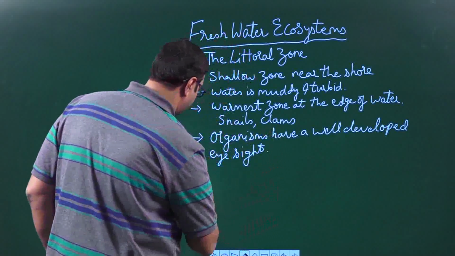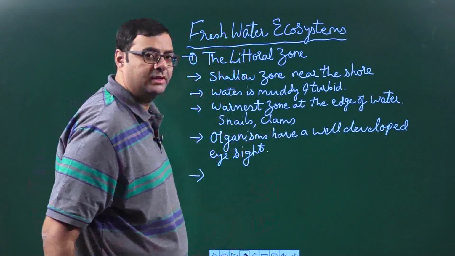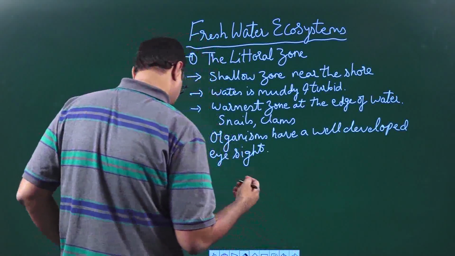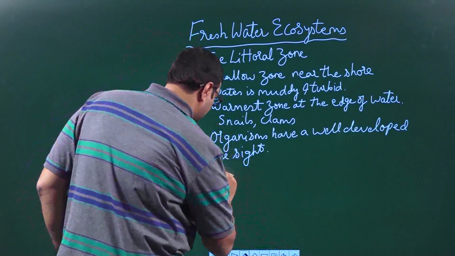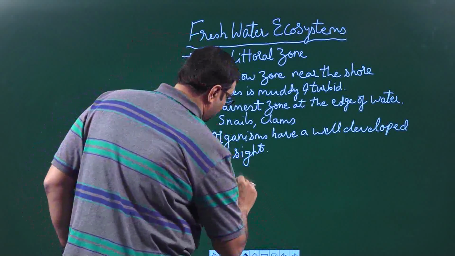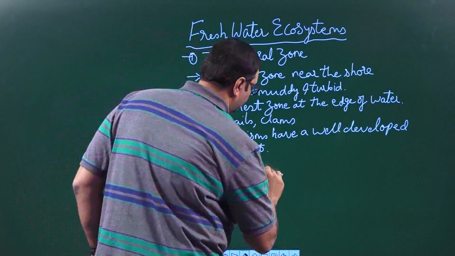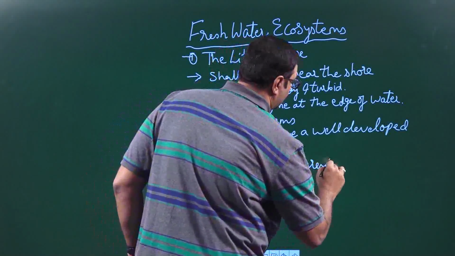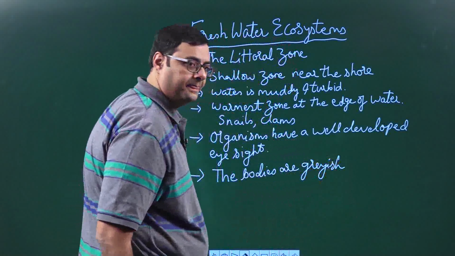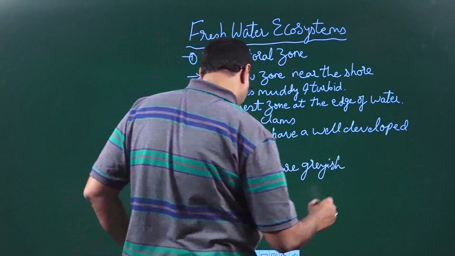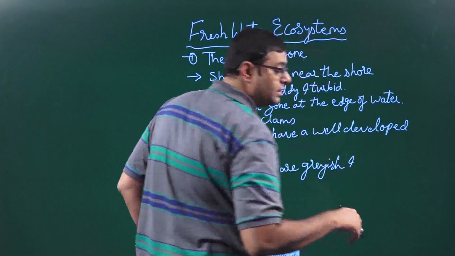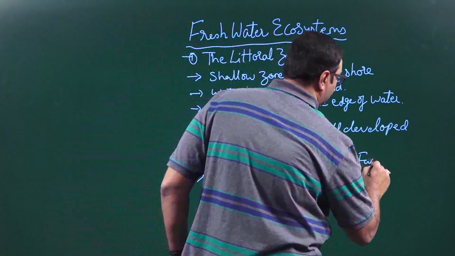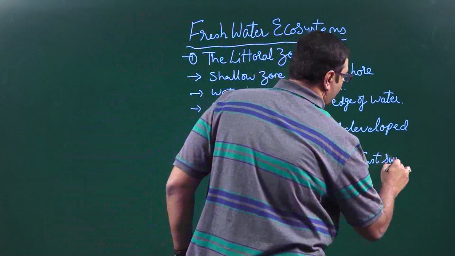Their bodies are grayish in color, and these organisms are fast swimmers.